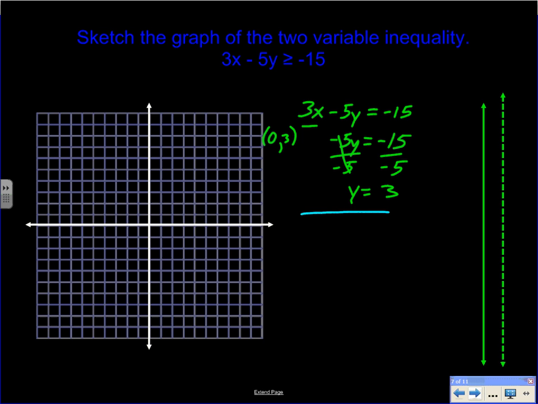Now, we're going to let y be equal to 0 and solve for x. So 3x minus 5 times y, that's 0. So 3x is equal to -15. Divide both sides by 3. X is equal to -5.